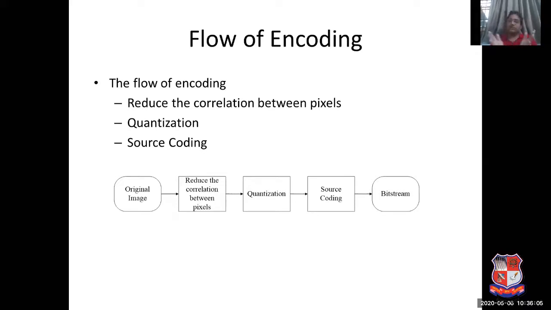Now there are 2 types of algorithms, lossy and lossless compression. When you talk about lossy compression, quantization plays an important part. It is an integrated part of the encoding algorithm if it is a lossy algorithm, because once you do the quantization, it is an irreversible process. You cannot go back. Let's say your value is 1.5.